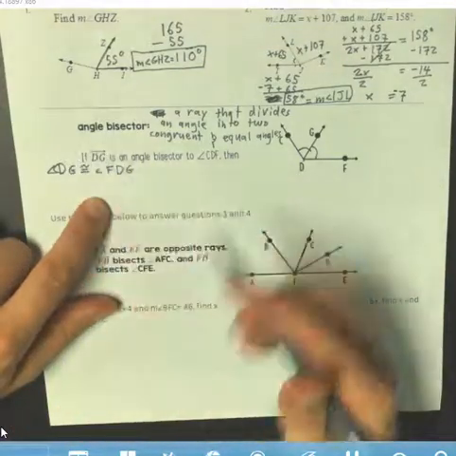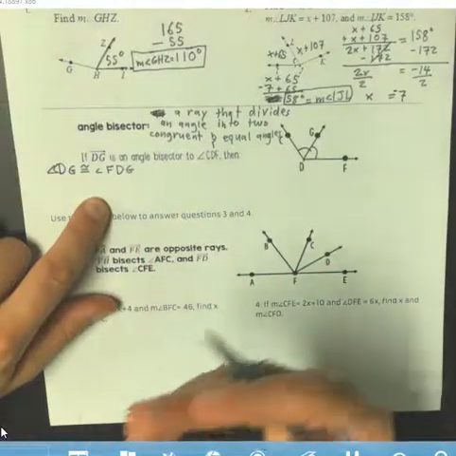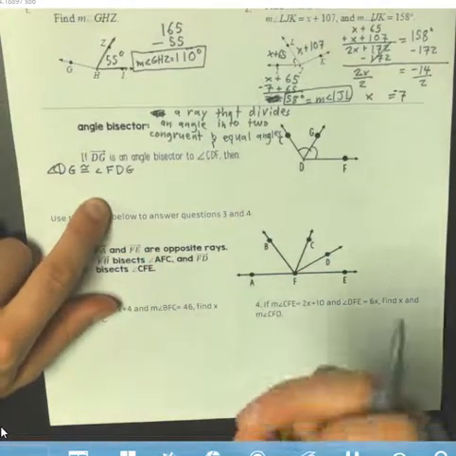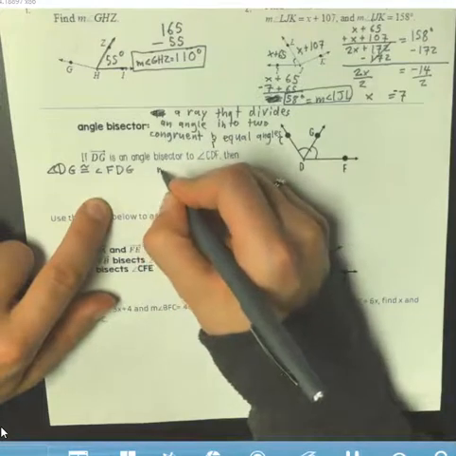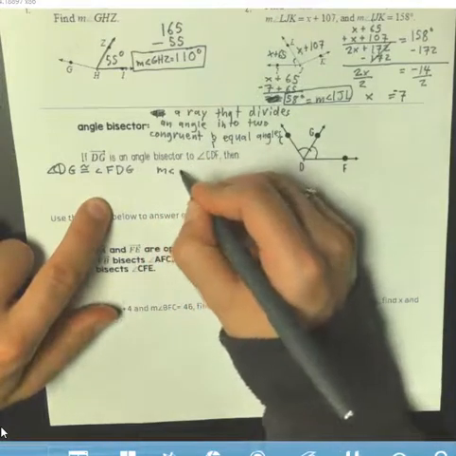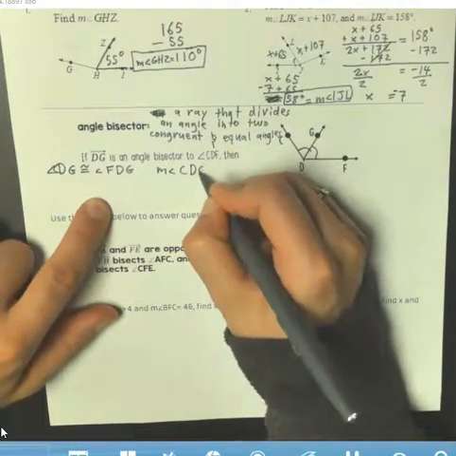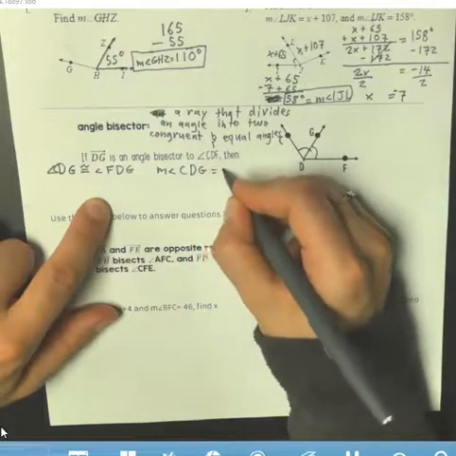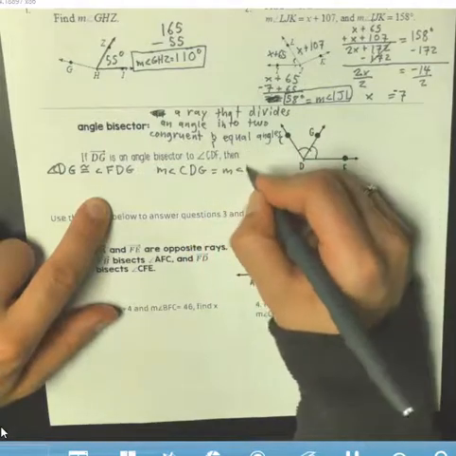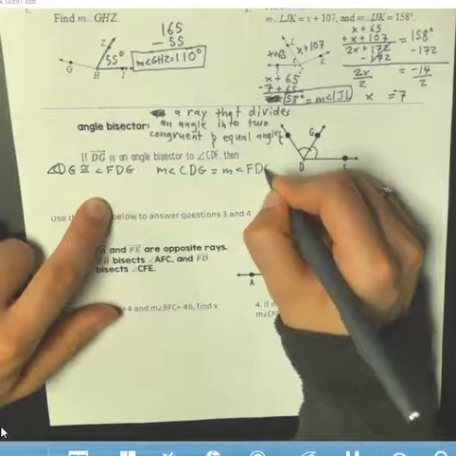If I want to say the measure of an angle, that's a number. It's not going to be congruent, it's just going to be equal. So that means measure of angle CDG is equal to measure of angle FDG.